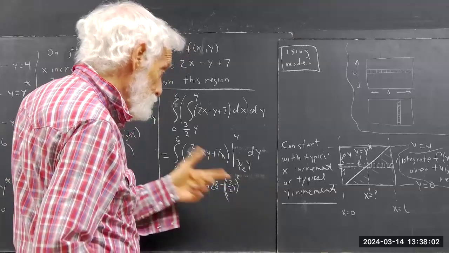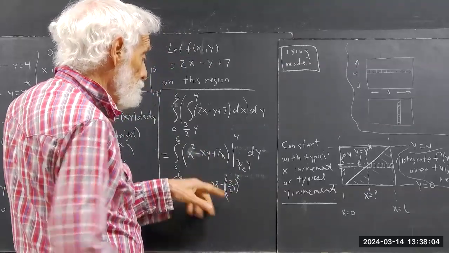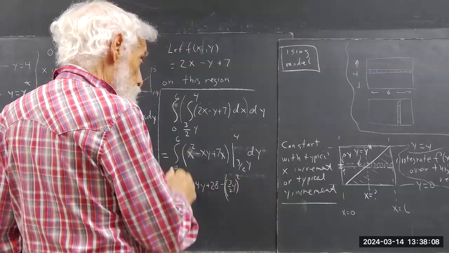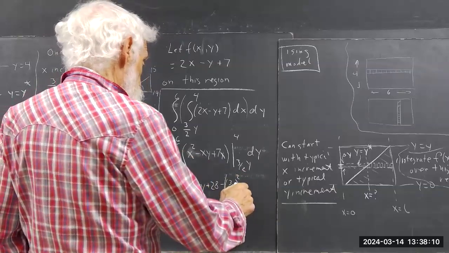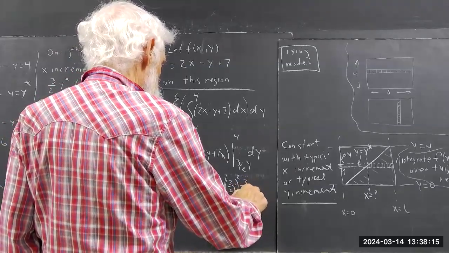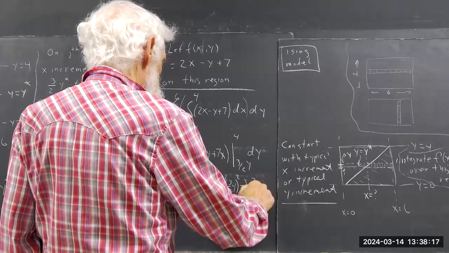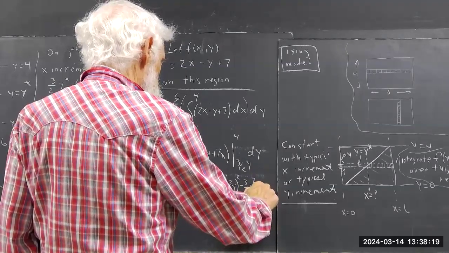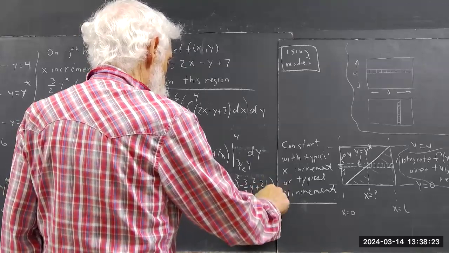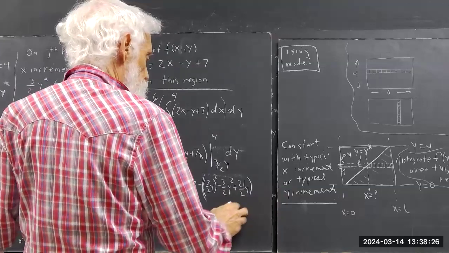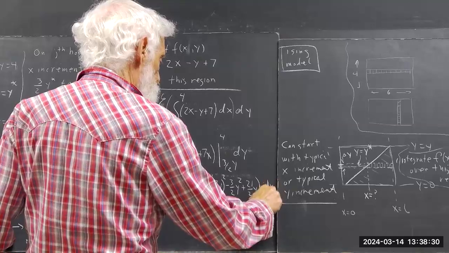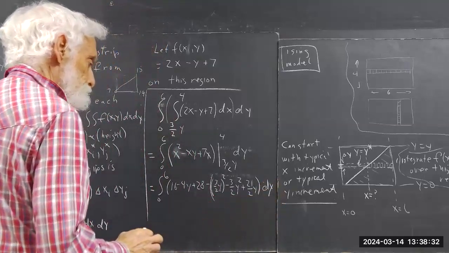And I'm going to, so is my minus sign correct? If we minus the whole thing that I get when I substitute 3/2 y in for x. And I'm going to get this, and that's integrated with respect to y.